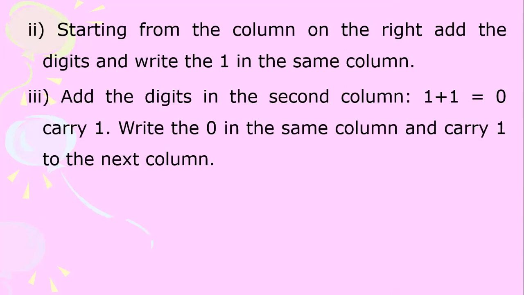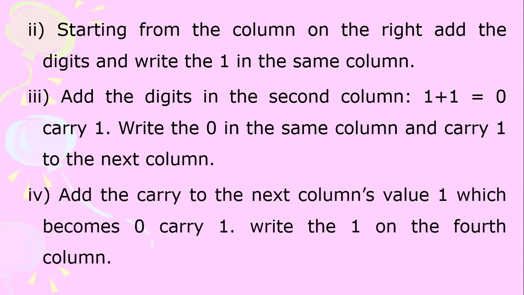Number 3, add the digits in the second column. That is 1 plus the 1 we have carried, which gives us a 0 carry 1. We write down the 0 in the same column and carry 1 to the next column. Number 4, add the carry to the next column's value 1, which becomes 0 carry 1. So we write down the 1 on the fourth column.